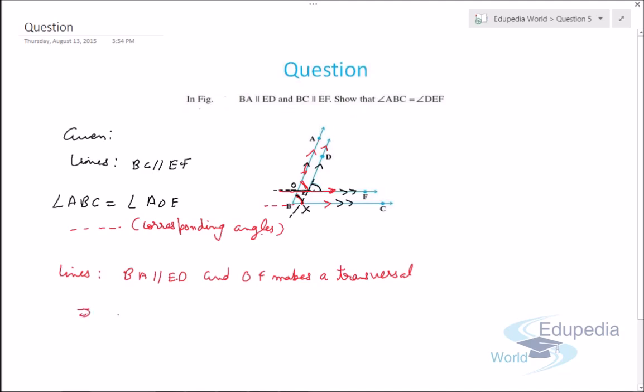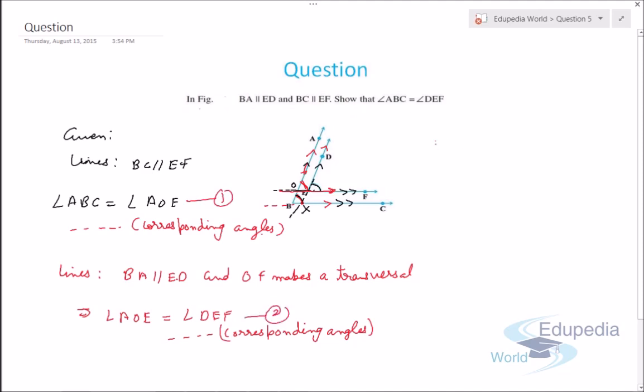This implies angle AOE is equal to angle DEF. Again, they are corresponding angles, right? So let's mark this equation as 1 and this as equation 2.